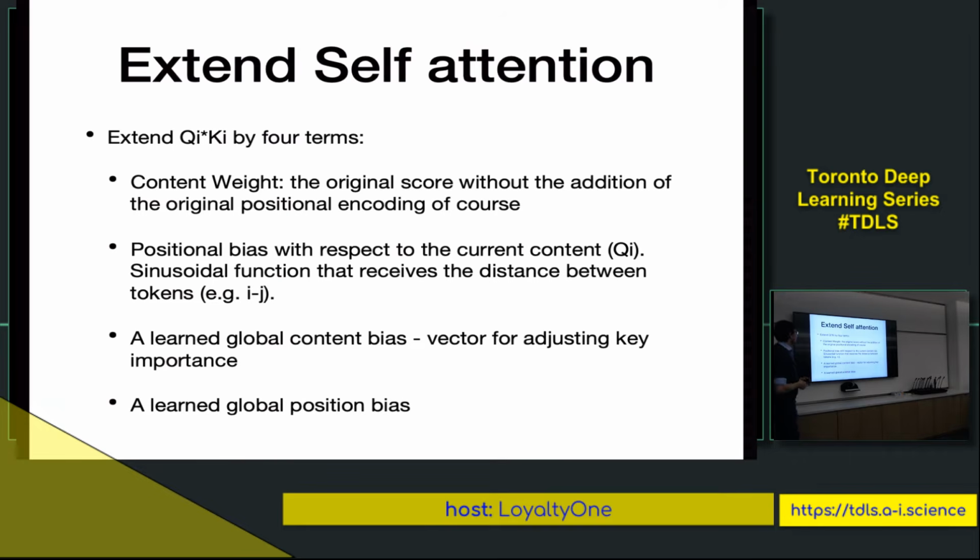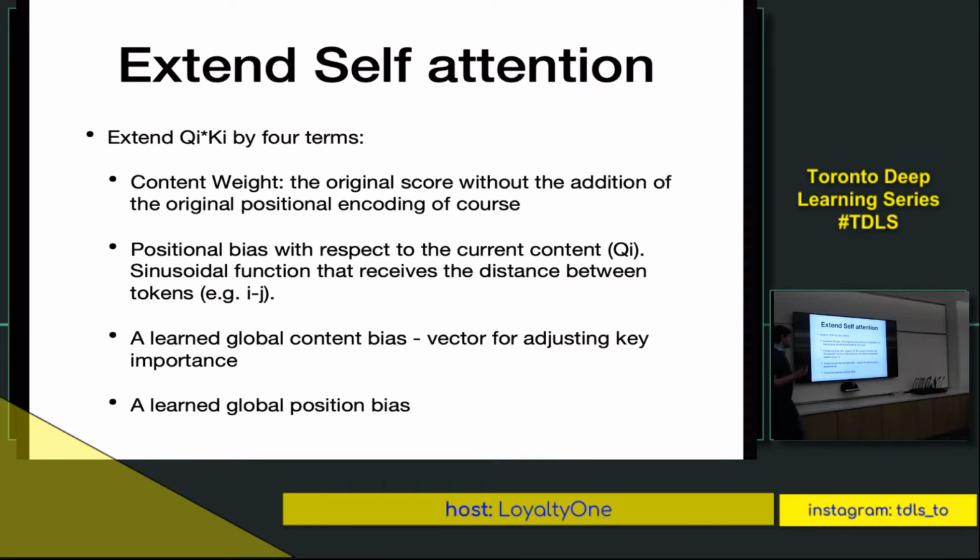And they say, okay, we're going to extend this query times key with several parameters. And one is kind of like a content weight. So it's the original score. It's just the query times key. Then they say, okay, we add a positional bias, in respect of the current content. And it's just a sinusoidal function.